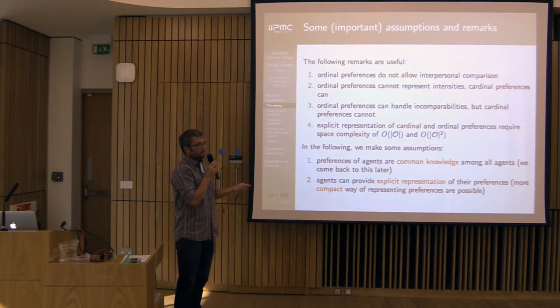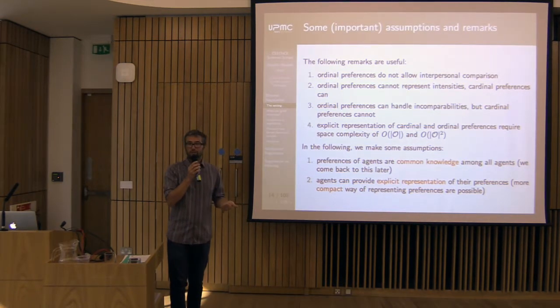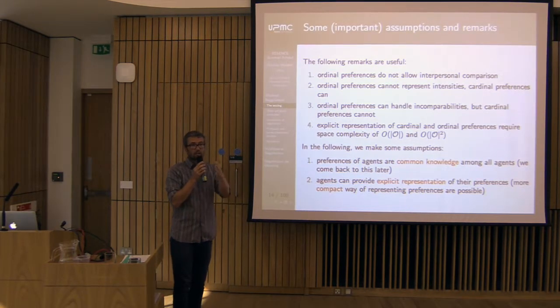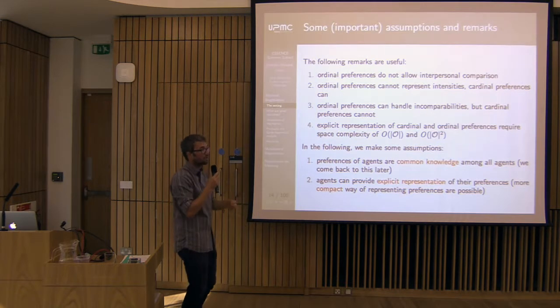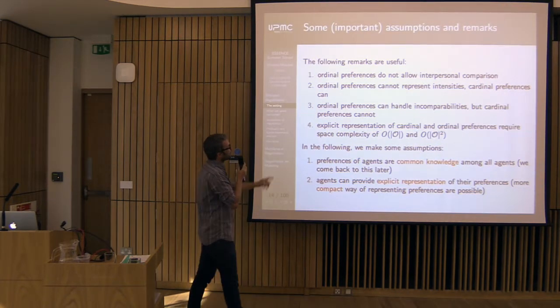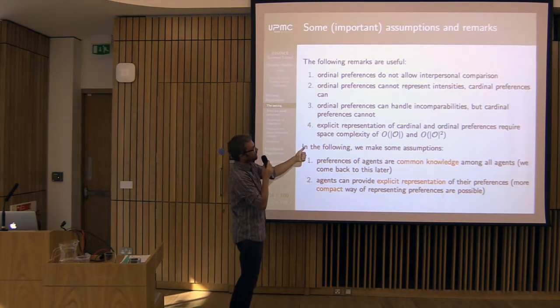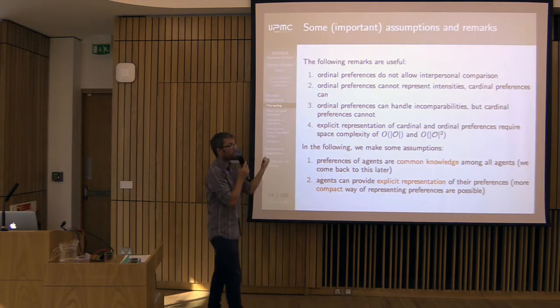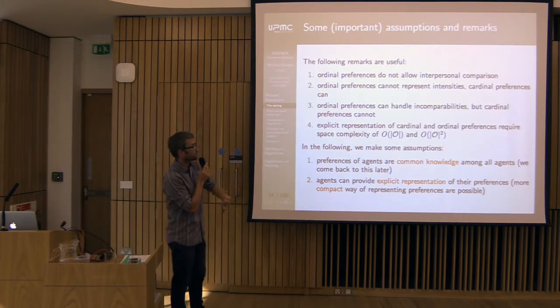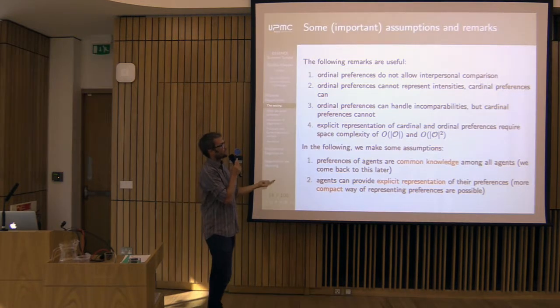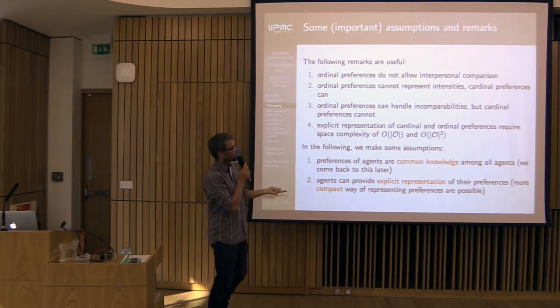Ordinal preferences would not allow interpersonal comparison of utilities, because in that case, an agent just says, okay, I like this item over this one, but I cannot express anything that could be meaningfully compared between two agents. There is no common value. Ordinal preferences cannot represent intensities, whereas cardinal preferences do. Ordinal preferences can handle incomparability.